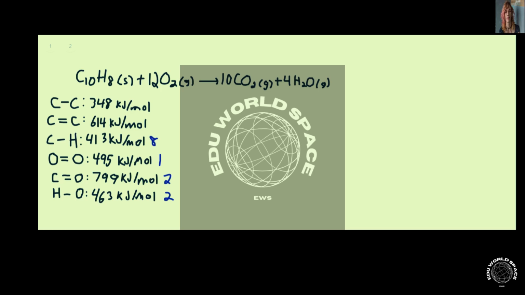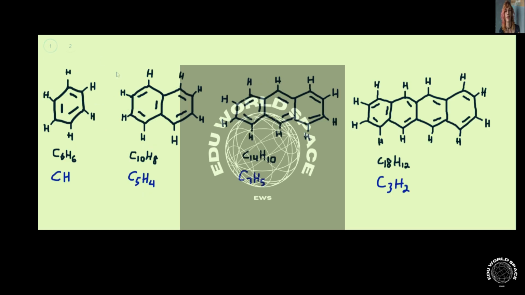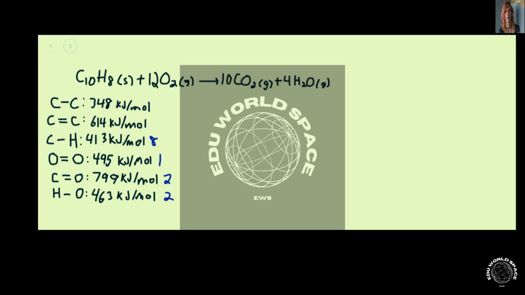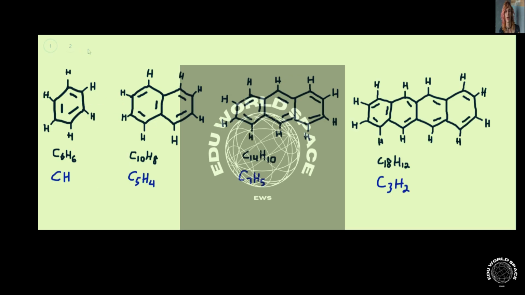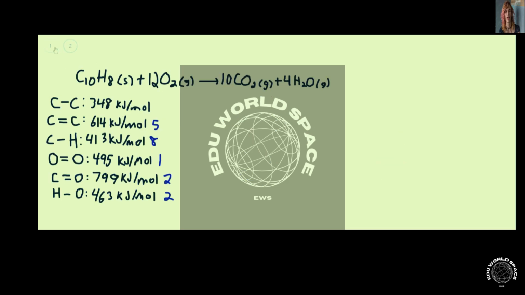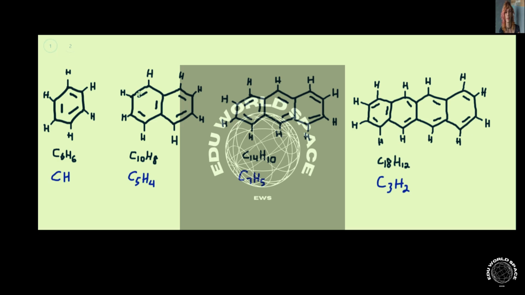Then for C-C, we have 1, 2, 3, 4, 5 double bonds. For C single bonds, we have 1, 2, 3, 4, 5, 6.